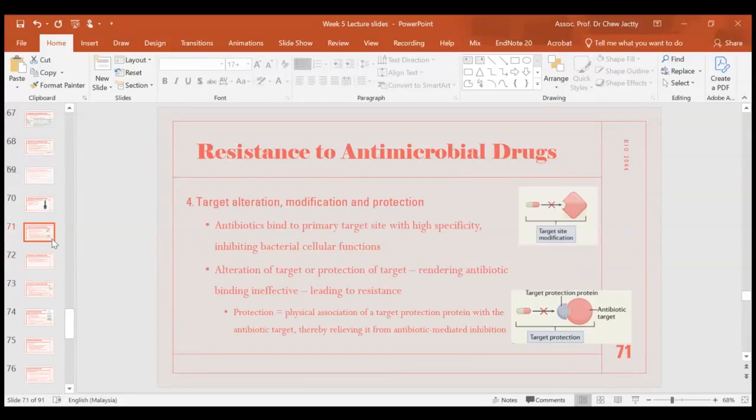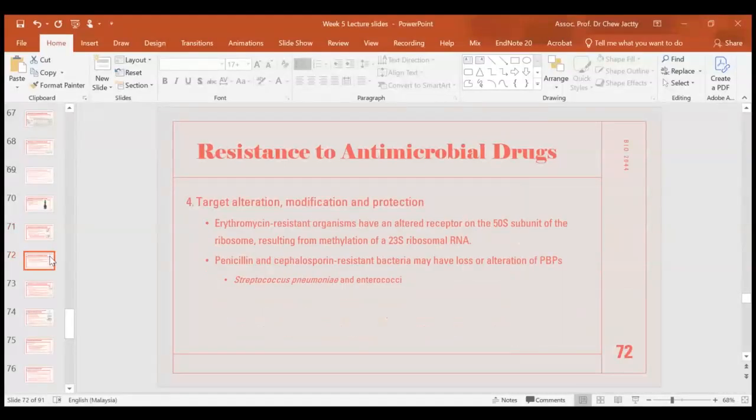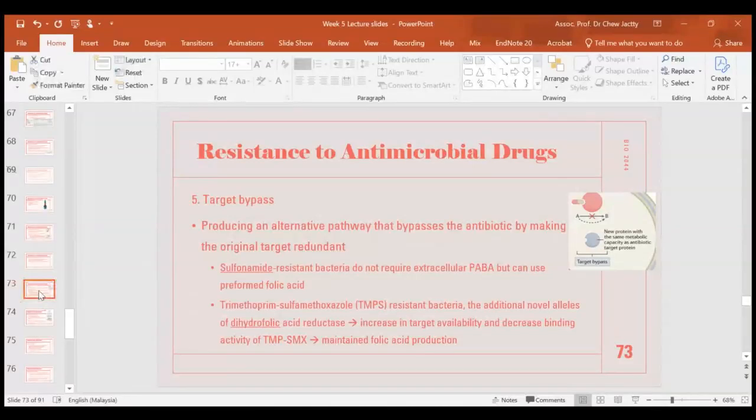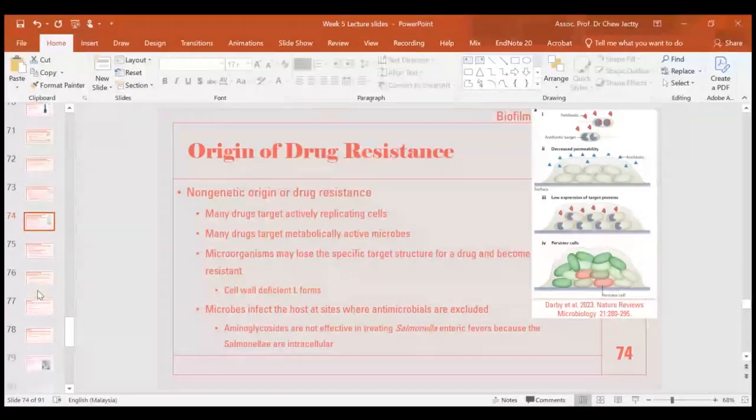They modify the target so there's no binding of the antibiotics, so there's no effect of the antibiotics. So that's how they become resistant. Or they change the metabolic pathway and do not rely so much on the pathway enzymes in the process of synthesizing folic acid. So these are the 5 mechanisms that we see.